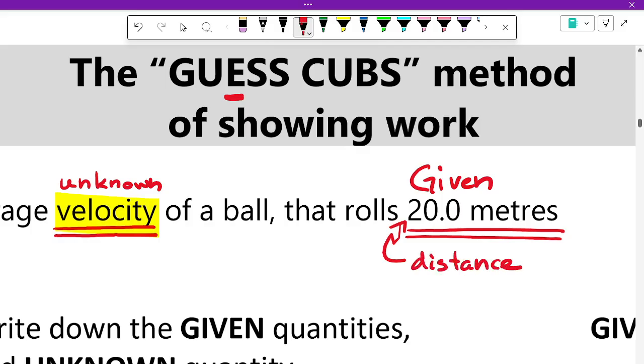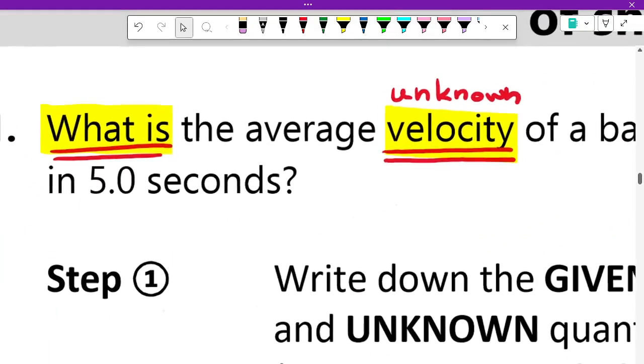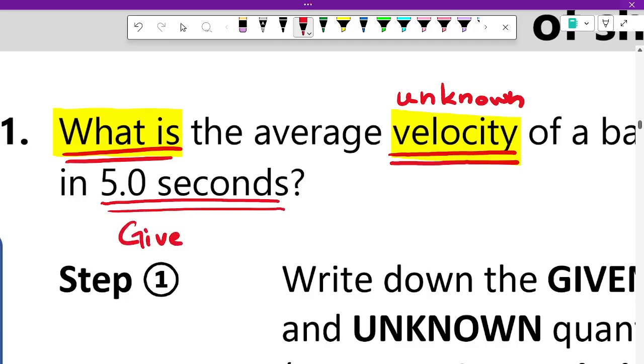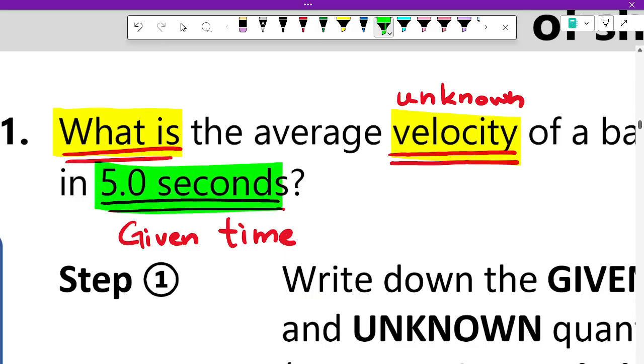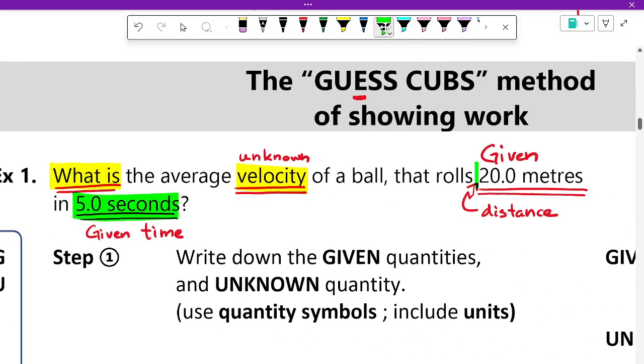Okay, so we're given distance. What else are we given in this question? We are given 5 seconds. And so we are given the time. So we have two things that have been given to us and one thing that is an unknown.